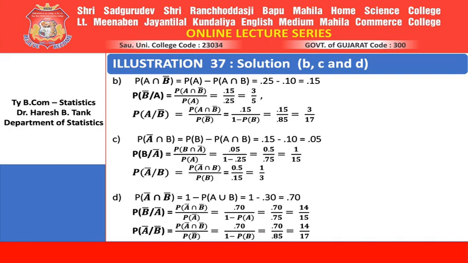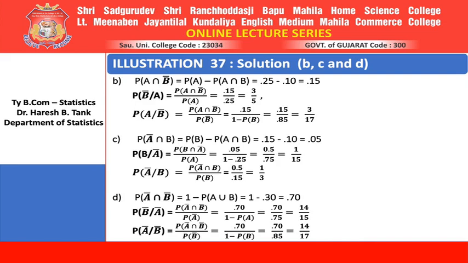Probability of A intersection of B complement is known to us, that is what we have found: 0.15 divided by probability of B complement. Probability of B complement is nothing but 1 minus probability of B. Probability of B is known to us, so it is 0.15 divided by 0.85, which comes to 3 by 17, and that becomes our ultimate answer.